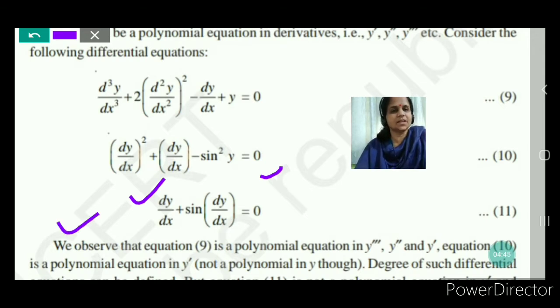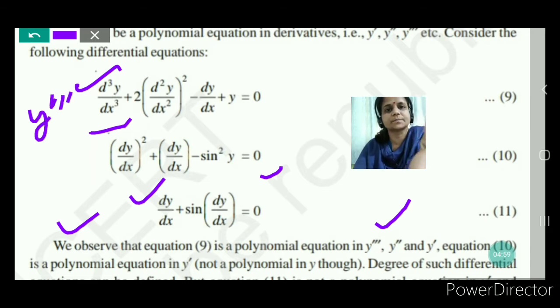We observe that equation 9, this one, is a polynomial equation in y triple dash, y double dash and y dash. Here d cube y upon dx cube is y triple dash, it is 2 into (y double dash) whole square, and dy upon dx means y dash.